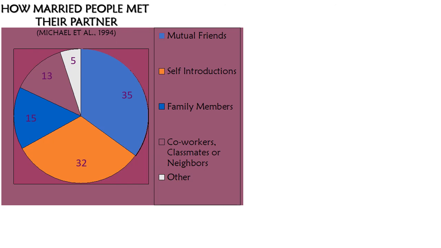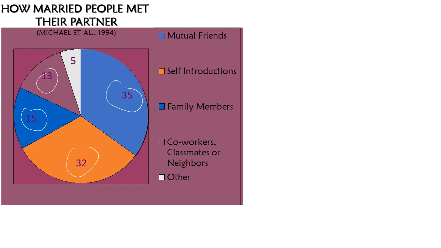The majority of them is going to be through family members. So 35% were through family members. 32% were self-introductions, and 13% were classmates and others. We've got this over here, 15% mutual friends, and then 5% other.